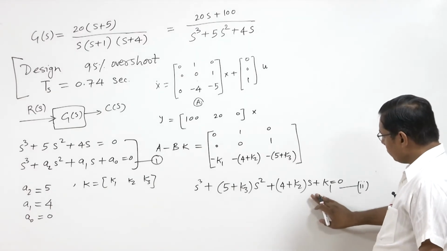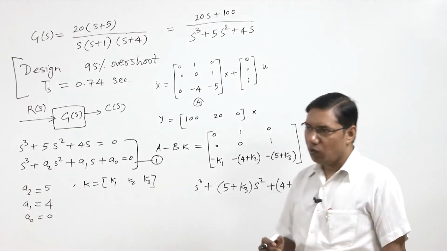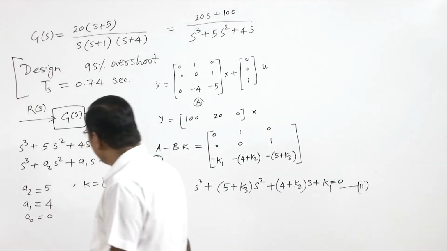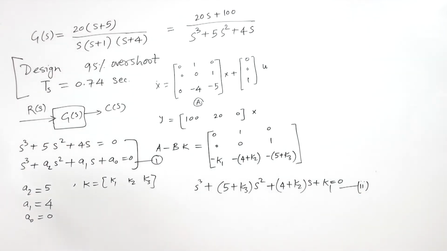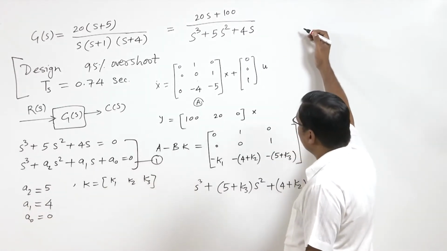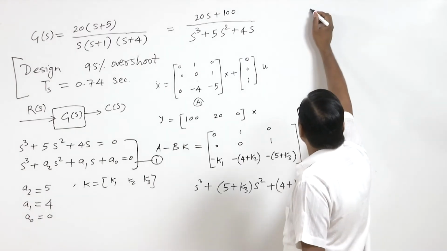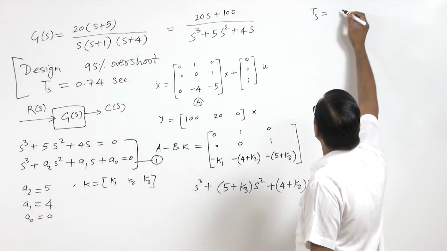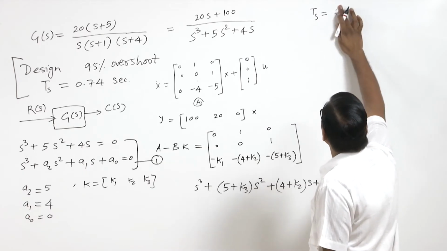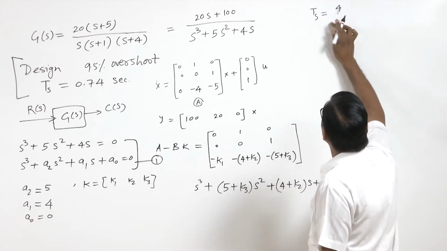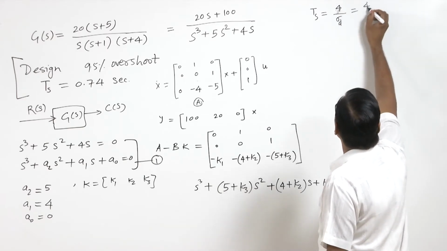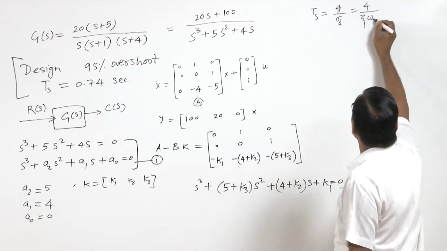So we have to select k1, k2, k3 to obtain what objective? Here we have Ts equal to 0.74. So we know that Ts equal to 4 upon sigma d, or 4 upon zeta omega n.